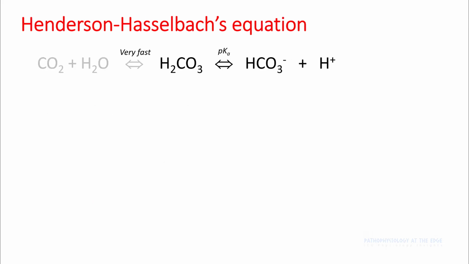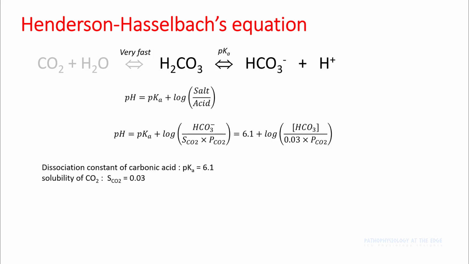The buffer system used by humans is your carbonic acid and bicarb buffer, and we use the Henderson-Hasselbalch equation. In this case, your pKa is the dissociation constant of carbonic acid, the negative log of which equals 6.1. Since your carbonic acid equilibrates pretty quickly with the level of CO2 through carbonic anhydrase, you can change the denominator of acid into the solubility constant multiplied by the partial pressure of carbon dioxide.